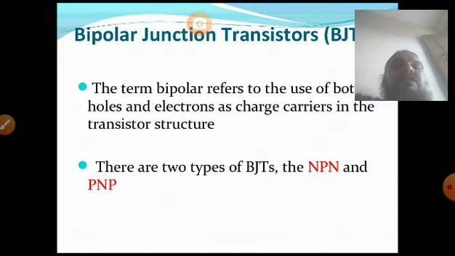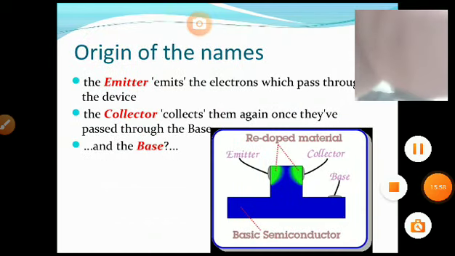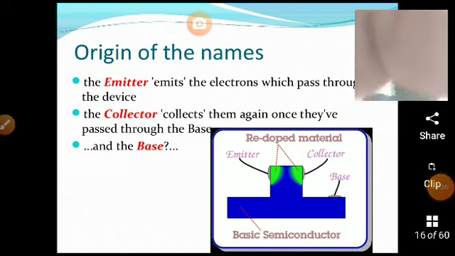There are two types of BJTs, the NPN and PNP.